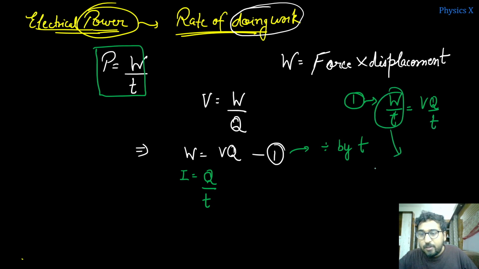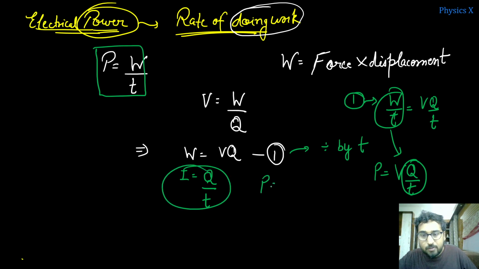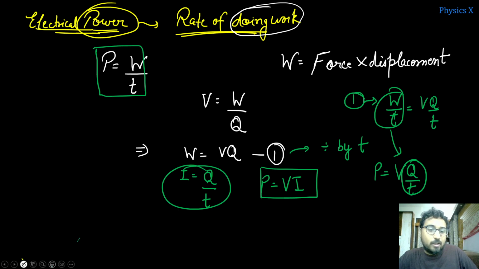So I can write power is equal to VQ upon T. And since this Q by T can be written as I, I can write power is equal to V into I. So this is nothing but your electrical power.